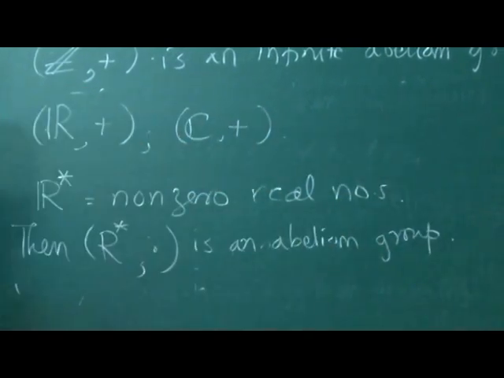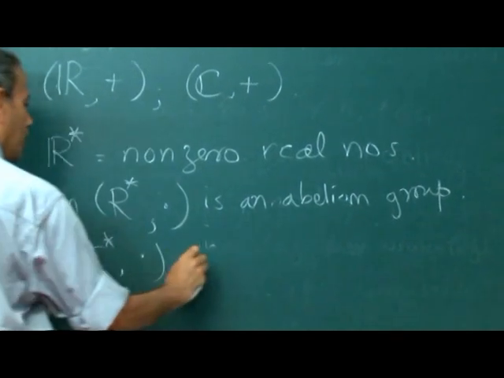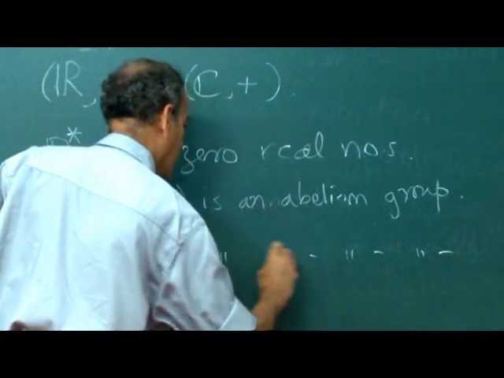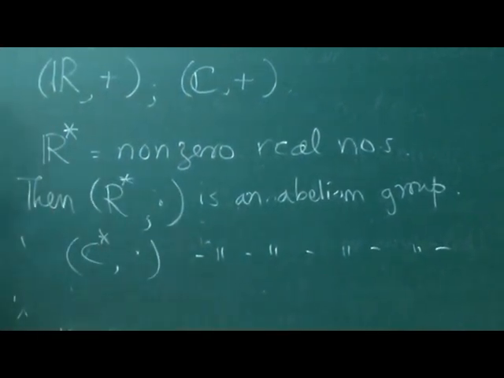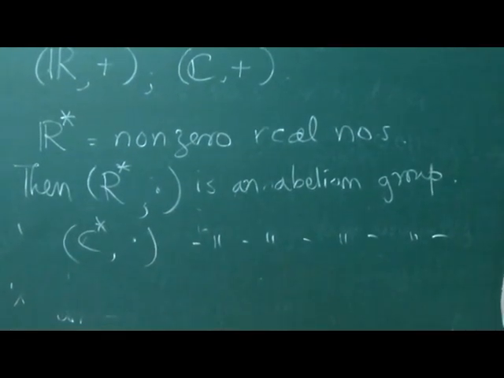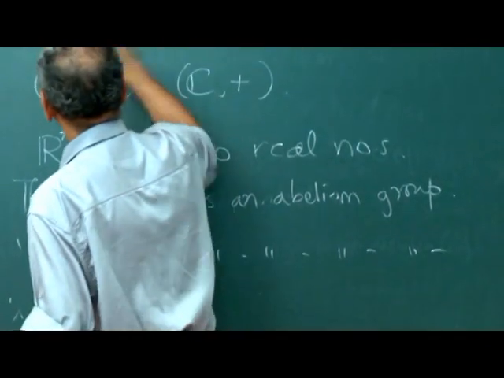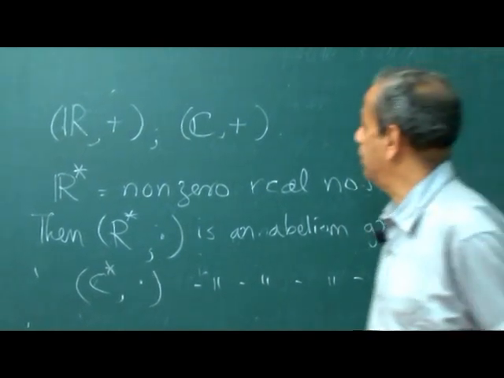Similarly, C star. So, these are examples of infinite abelian groups. Are there any other abelian groups? Let us now take examples of finite abelian groups.